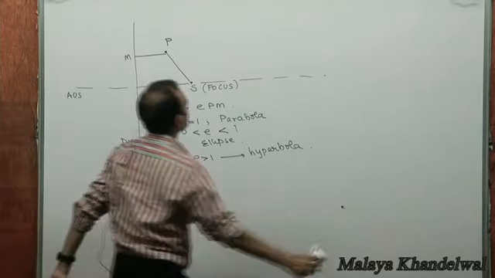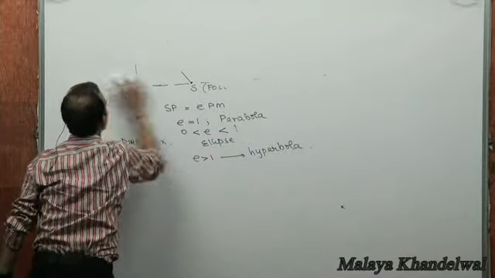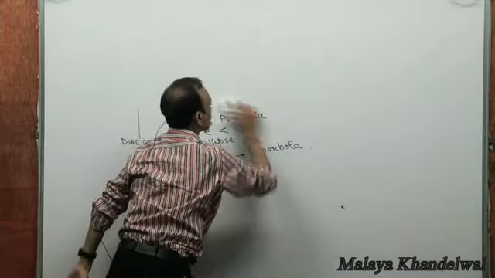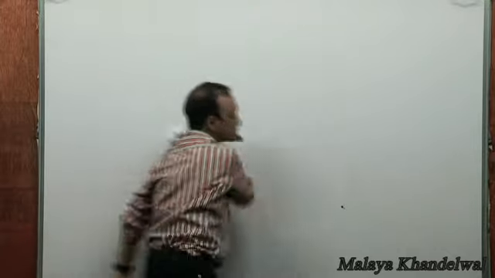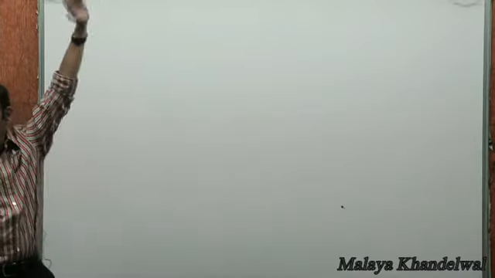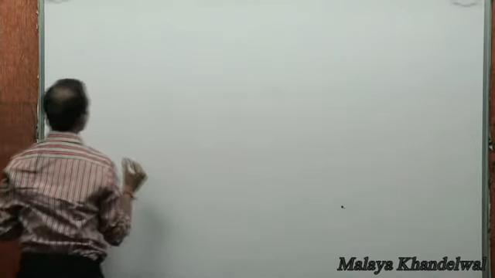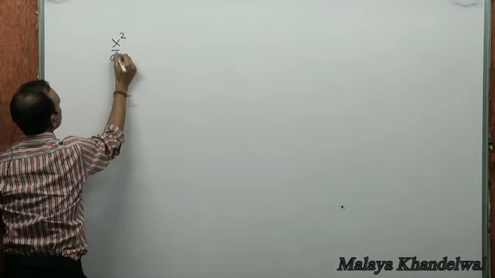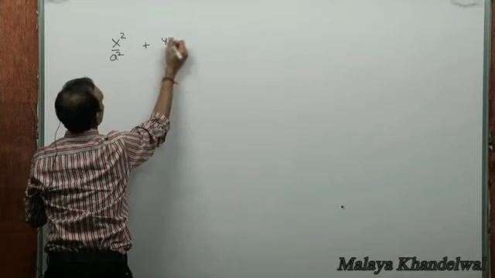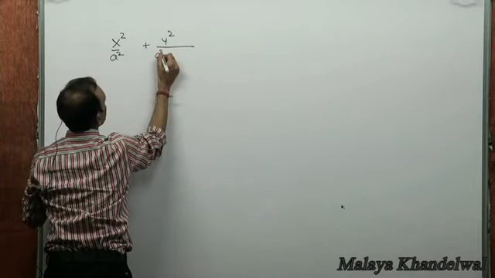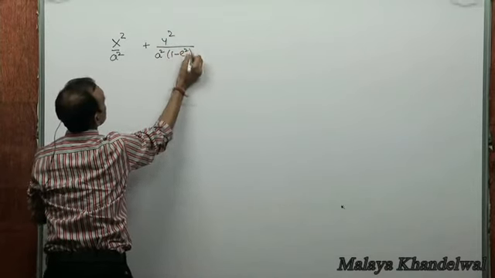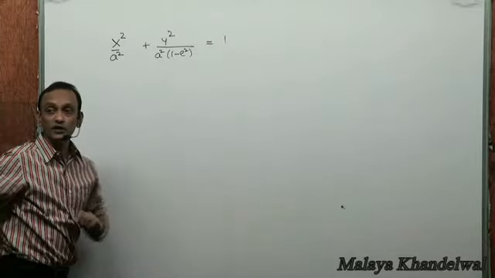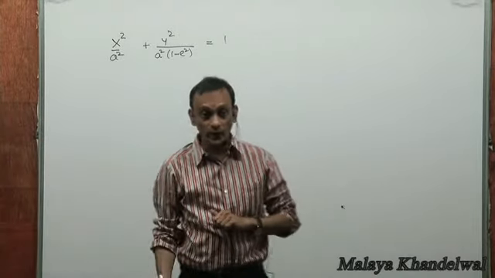Clear? Now, if you recall, while we were dealing with the standard equation of an ellipse, we got something like this: x squared by a squared plus y squared by a squared into 1 minus e squared equal to 1 was the standard equation of an ellipse, right?